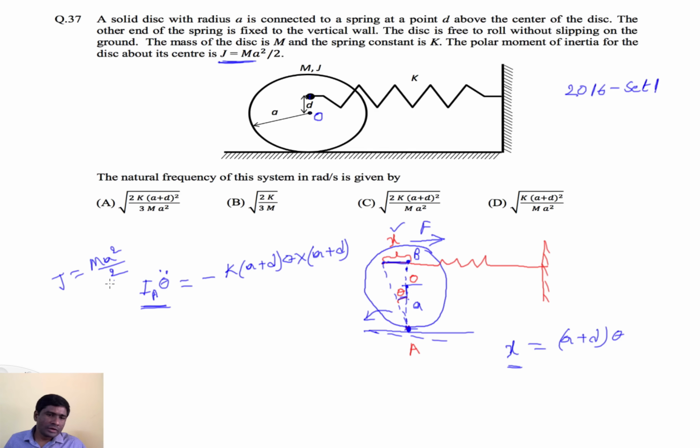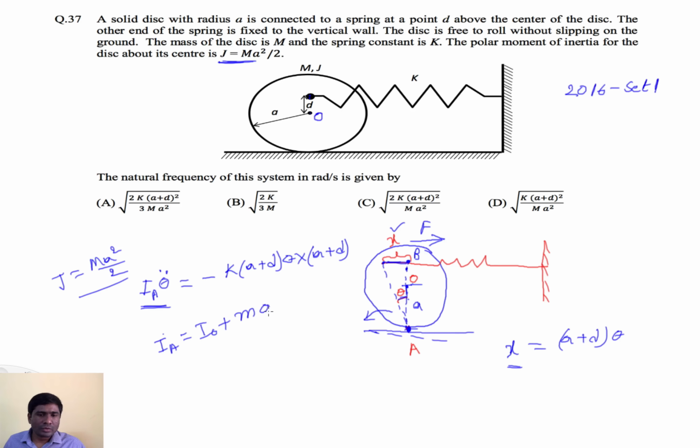So J is this one passing through the point O, and we need to calculate the IA parallel to this line passing through the point O. So by using the parallel axis theorem, IA equal to IO plus m into the distance between A and O. Here O means center of gravity in this situation.